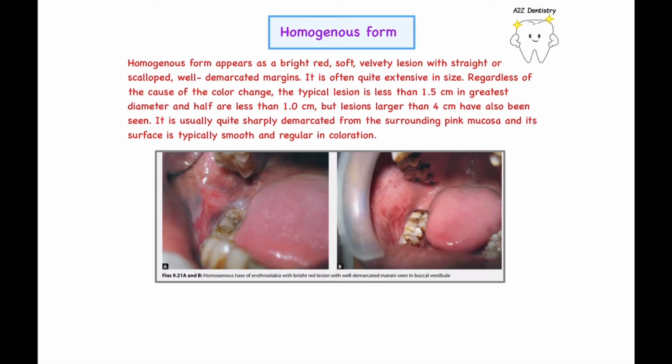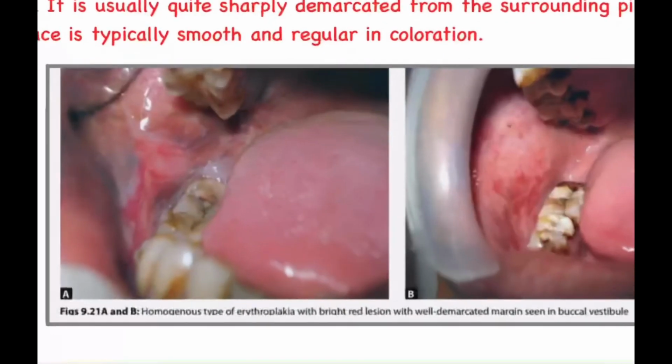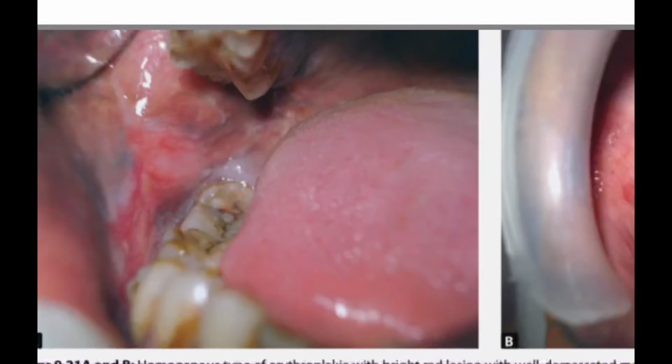The noteworthy point here is that the margins are well demarcated. They might be straight or scalloped, but the main thing is that they are very well defined. Here in this picture we can clearly appreciate the margins. The margins are scalloped but they are well defined.